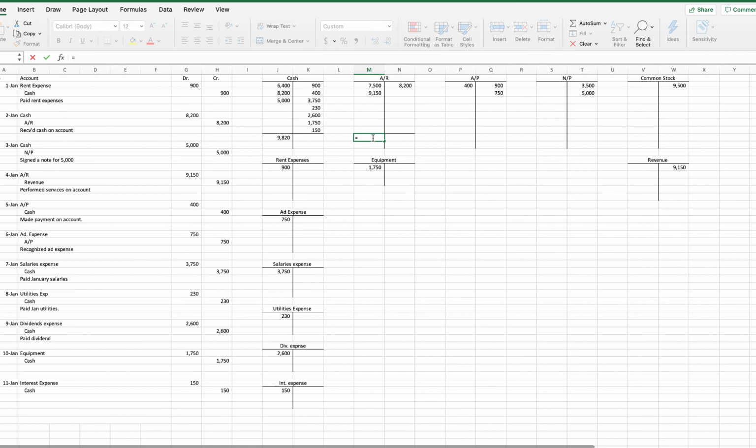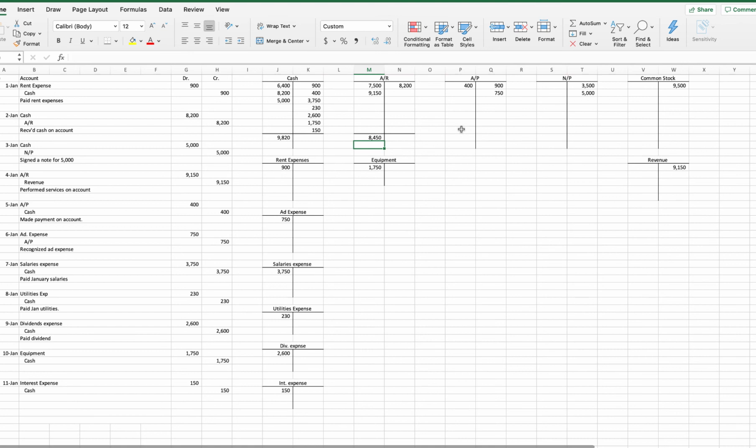So I'm going to add up all the debits and credits for accounts receivable so I can determine what the ending balance is. Okay, so I'm going to add up my debits. So I open parentheses, select all my debits, close parentheses, minus, and then, well, I only have one. I'm going to select my credit, hit enter, and I see what my balance is.